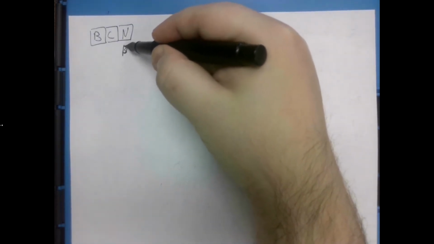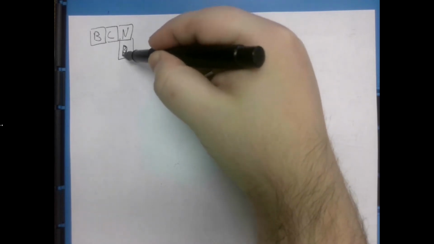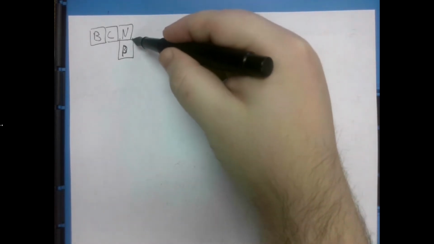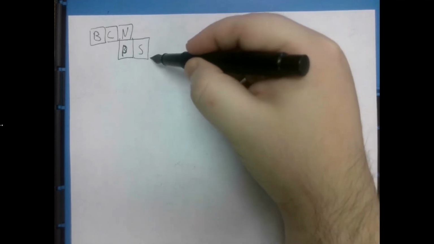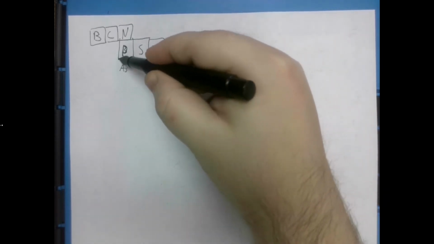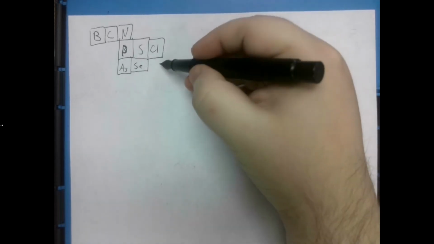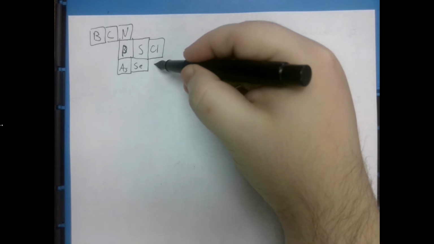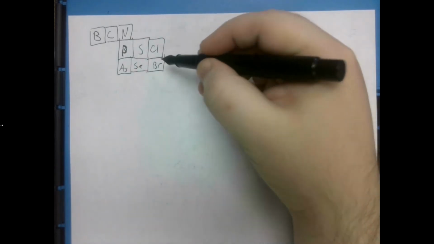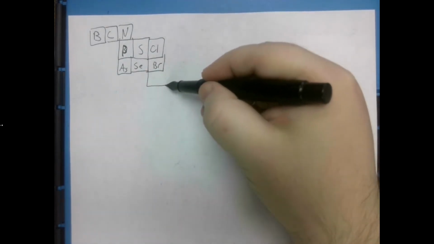That's supposed to be a P. So these elements here all make oxyanions.